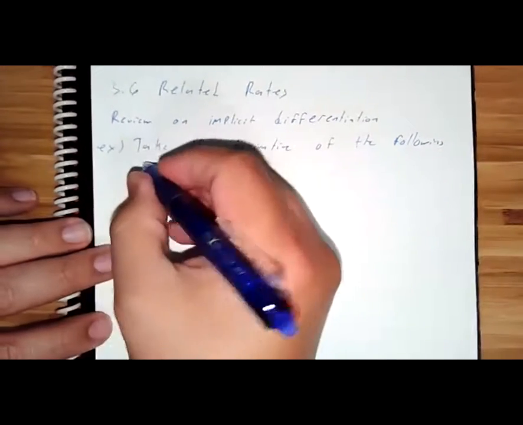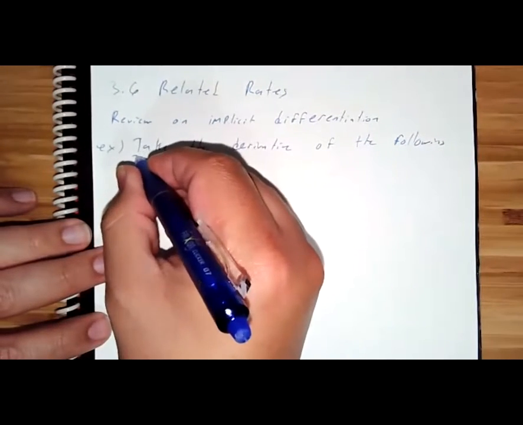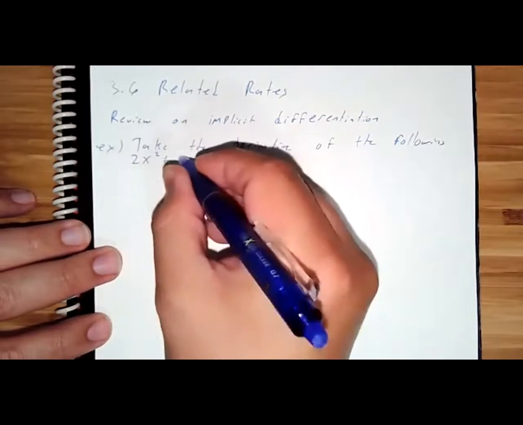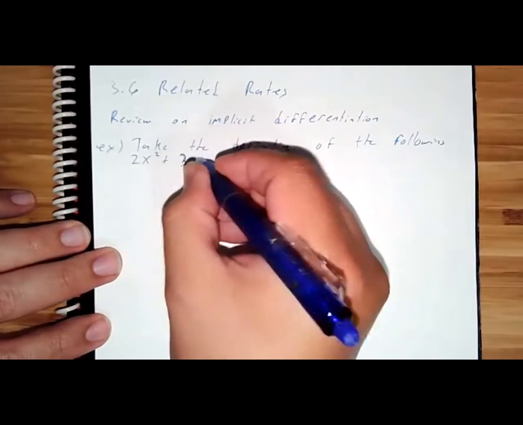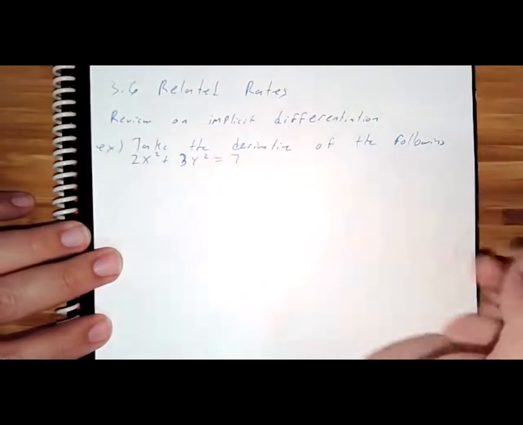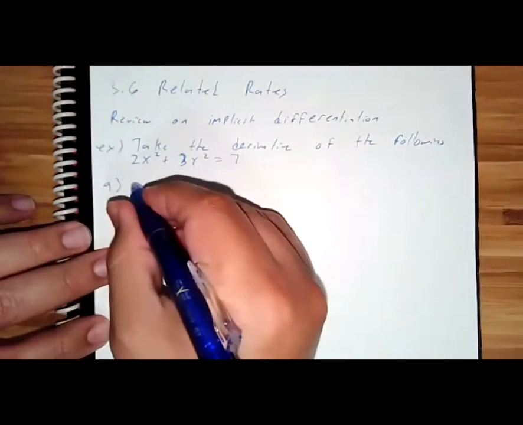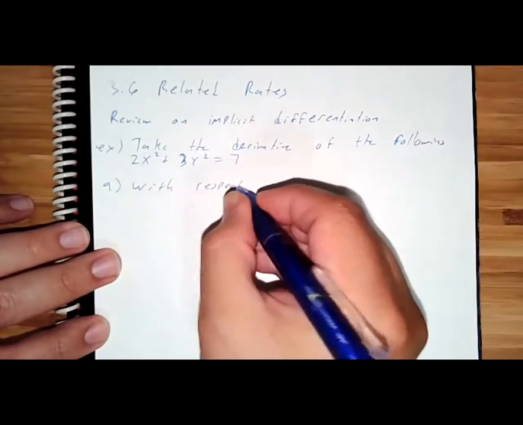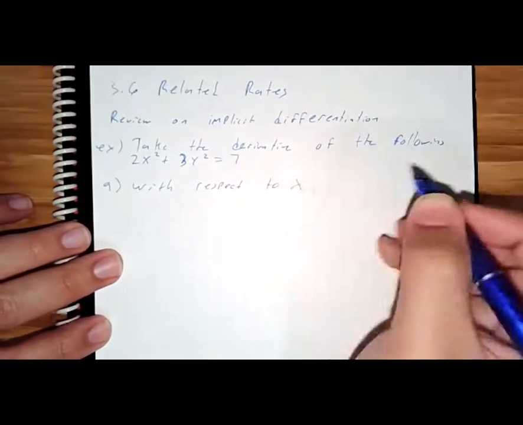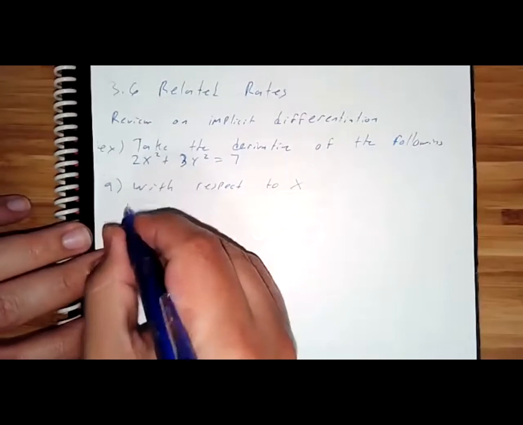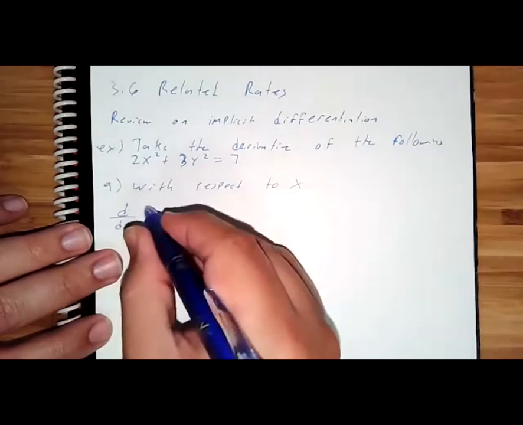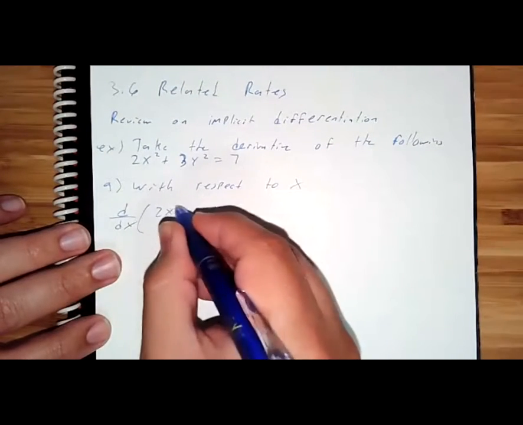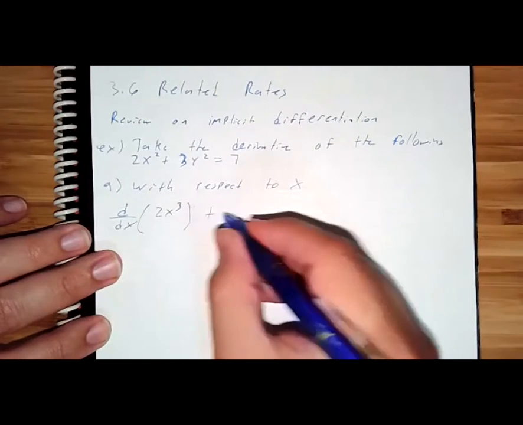Of the following, we had 2x squared plus 3y squared equal to 7. So part A is with respect to x. All right, so that means you're going to do d dx of everything, right?